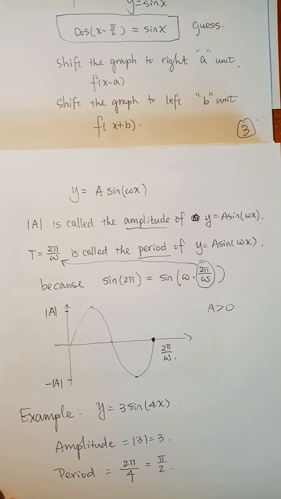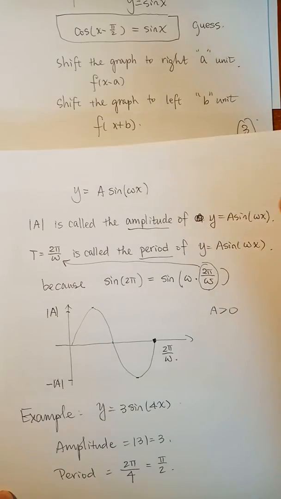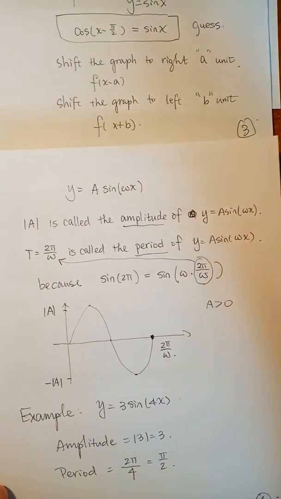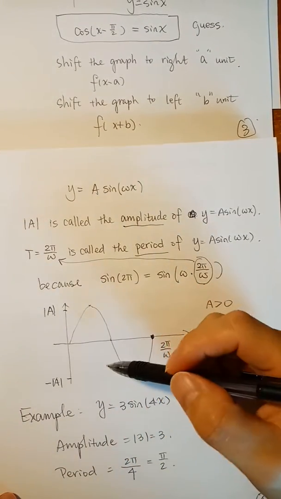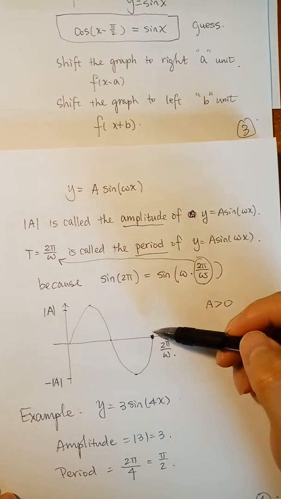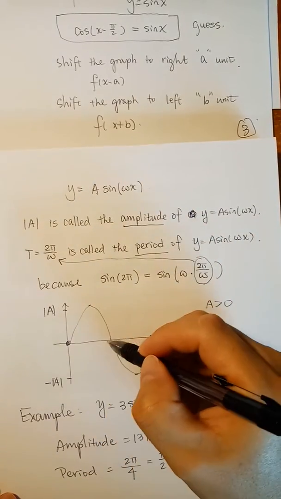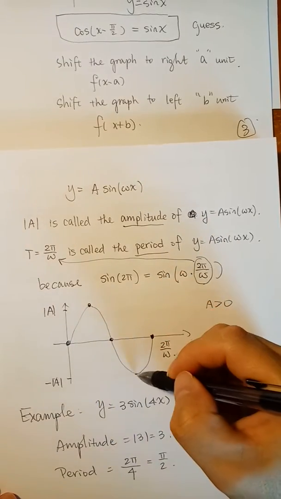Okay, so that's the amplitude and the period. And in this graph, let's check it. This is a standard shape. Whenever you have a sine function, it will be like this. You need 1, 2, 3, 4, 5.